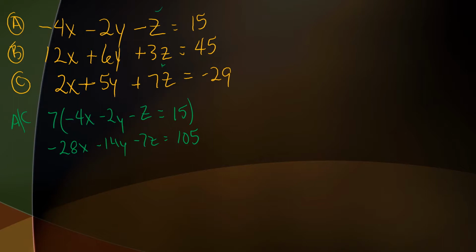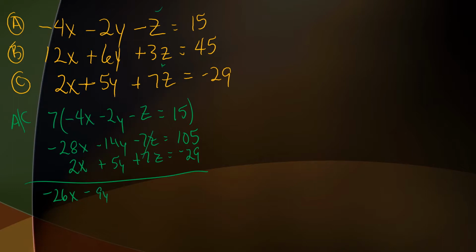Okay, now I'm going to add that to equation C, which is 2x plus 5y plus 7z equals negative 29. I'm going to add those two together, and that gives me negative 26x minus 9y.